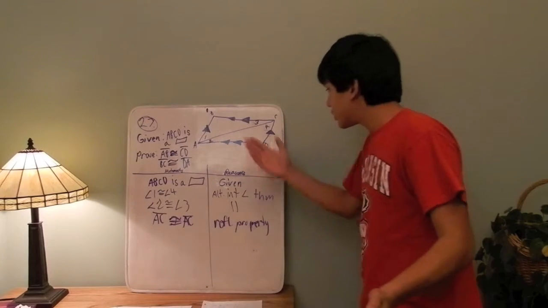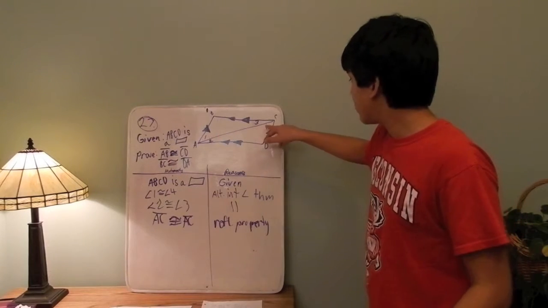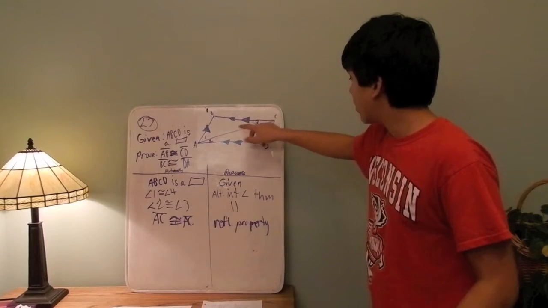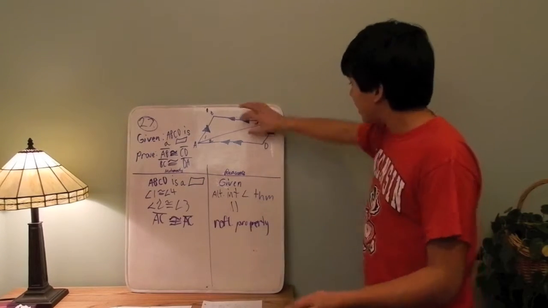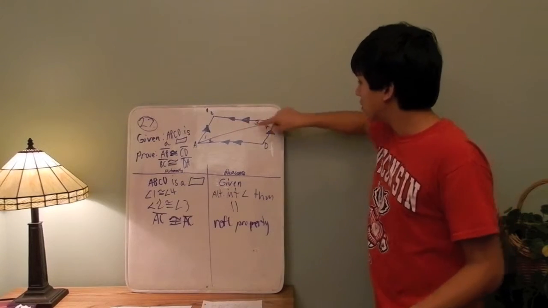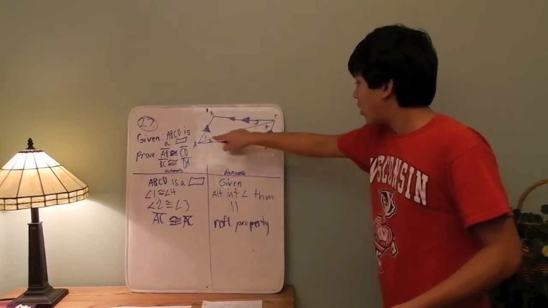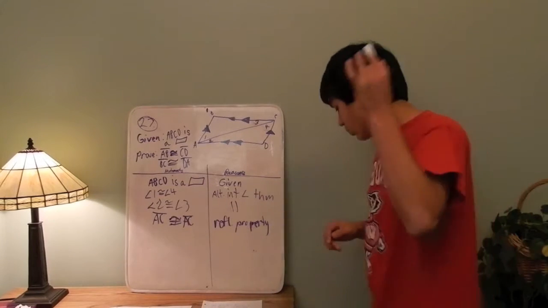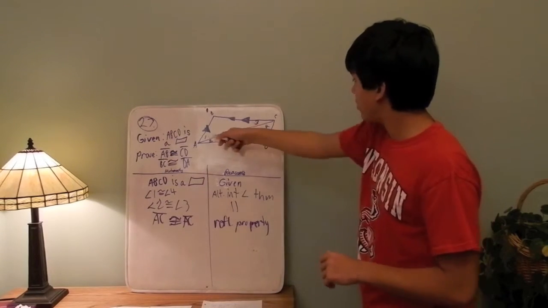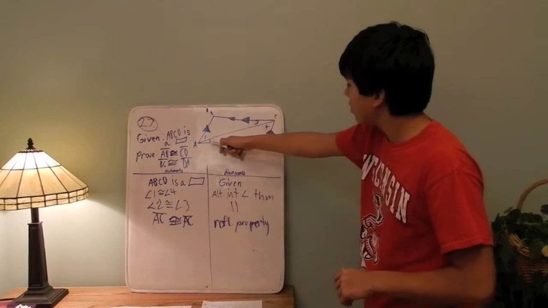Now, since we know that these two angles are congruent, these two angles are congruent, and this segment is congruent, we can prove that these two triangles are congruent by angle, side, angle.